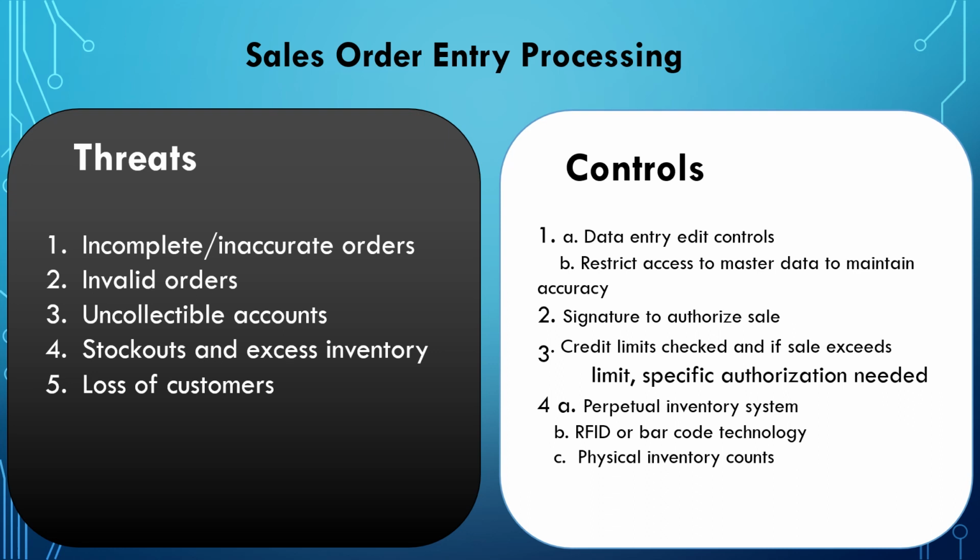And for uncollectible accounts, we can have a credit limit check, and if sales exceed the limit, specific authorization is needed. For stock out and excess inventory, we can have a perpetual inventory system, RFID or barcode technology, physical inventory counts, and so on.